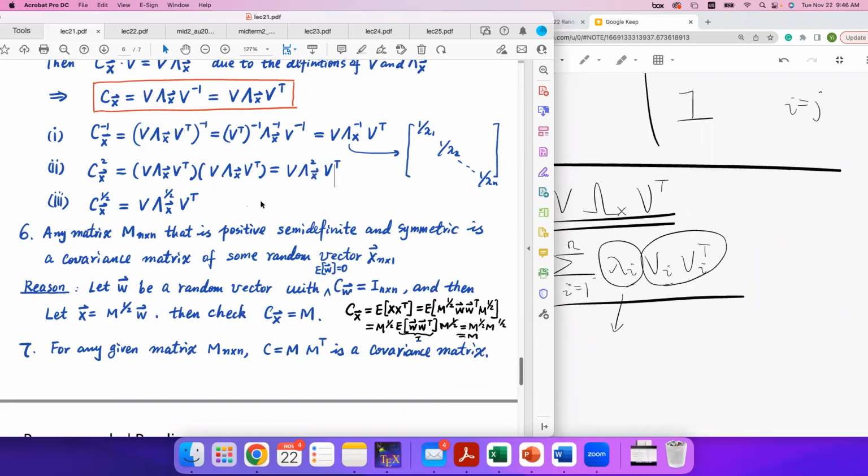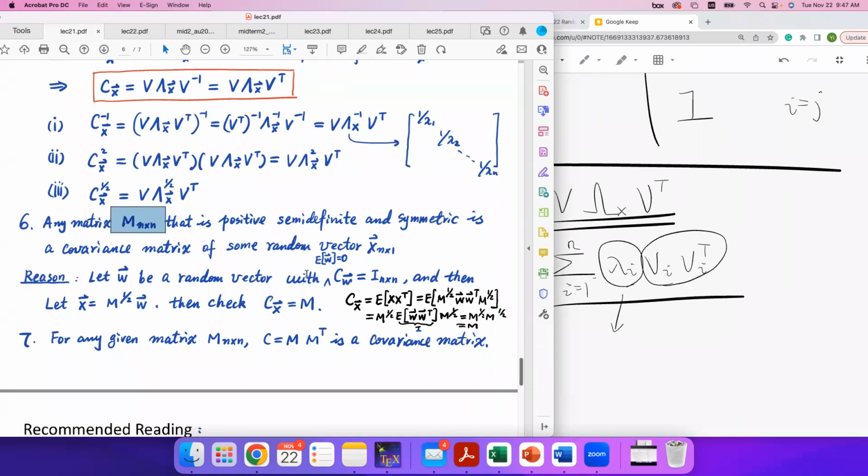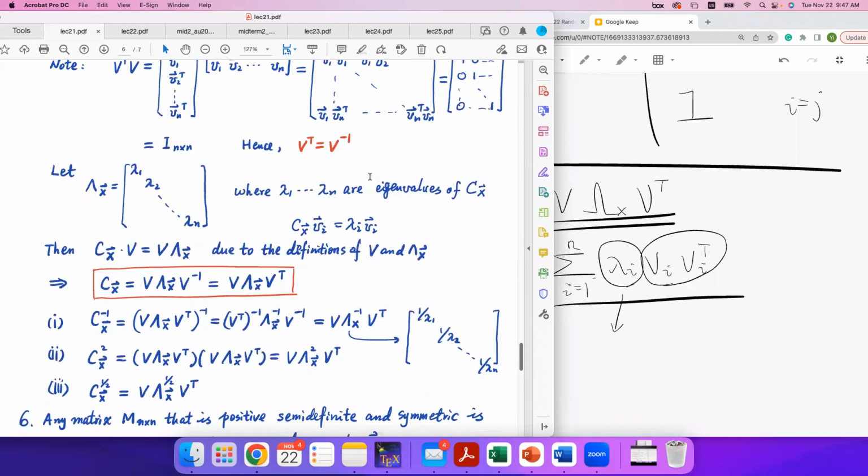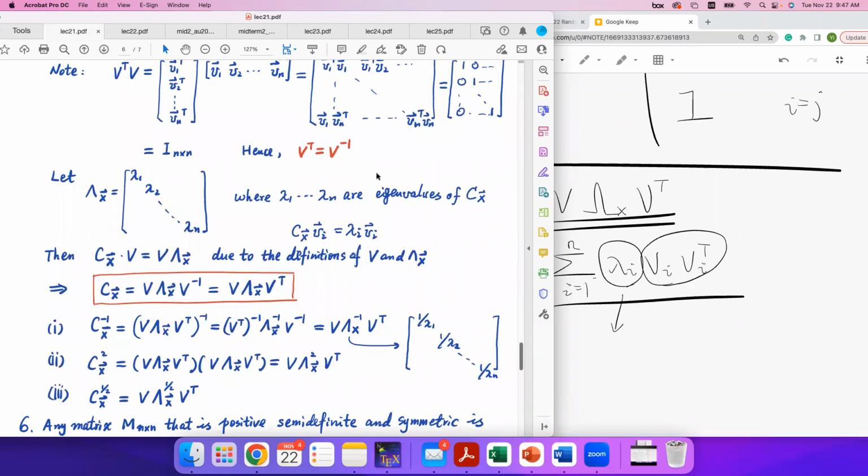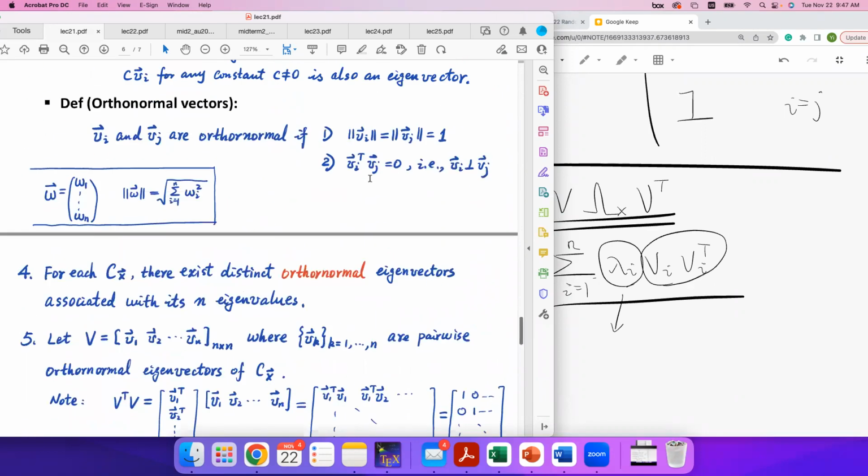And the other way also holds. A positive semi-definite and symmetric matrix can be viewed as the covariance matrix of some random variable. So you can construct a random variable whose covariance matrix equals this PSD matrix. So this is everything about this autocovariance matrix.